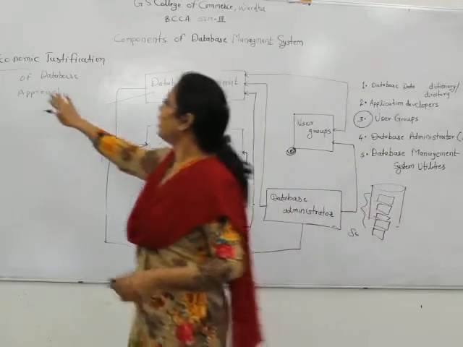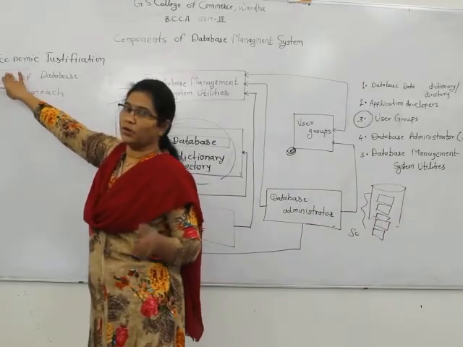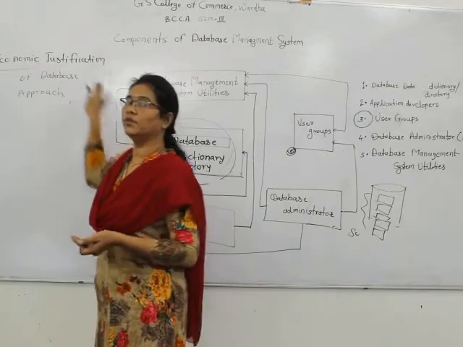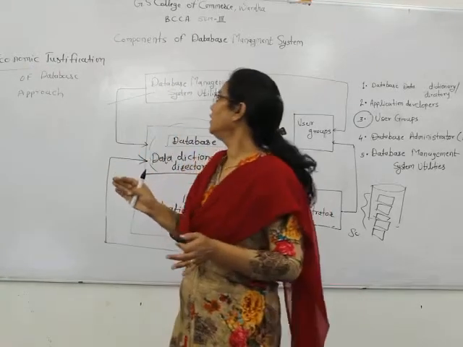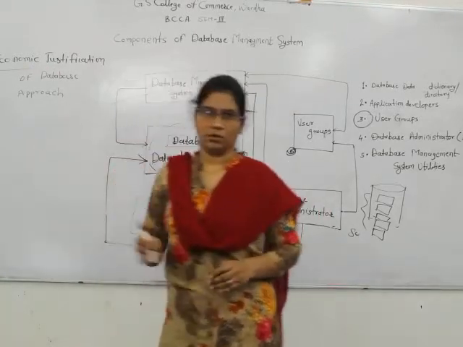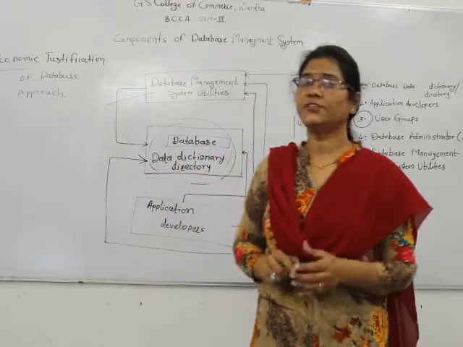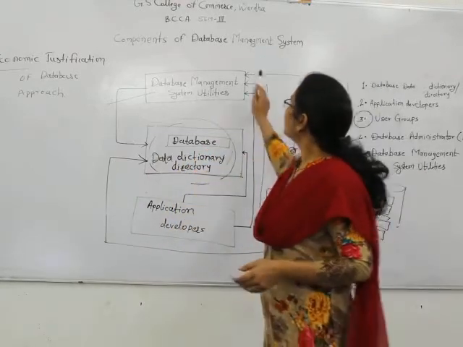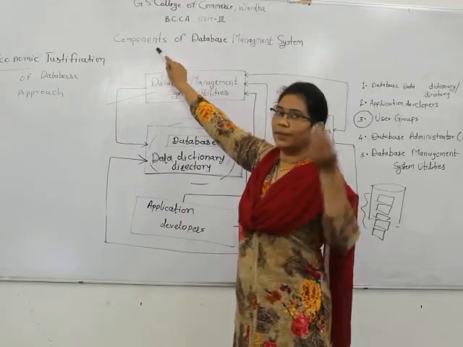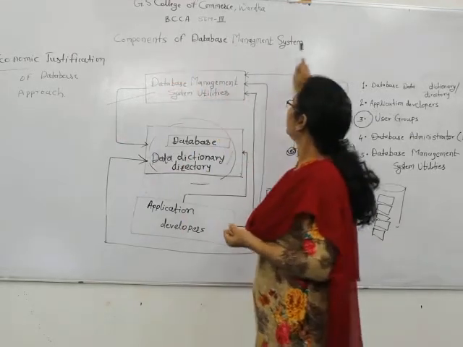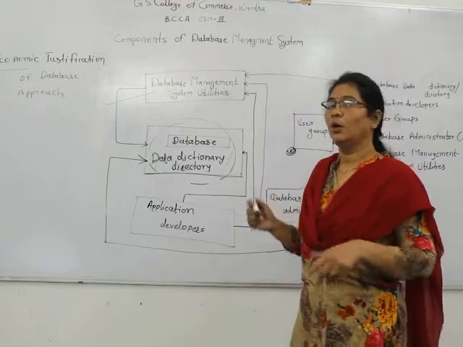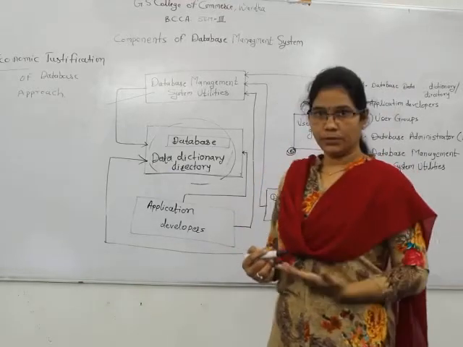So basically we have to justify whether our system is economically justified or not. How can we justify it? Keeping the components of the database management system in our mind, we develop our system.